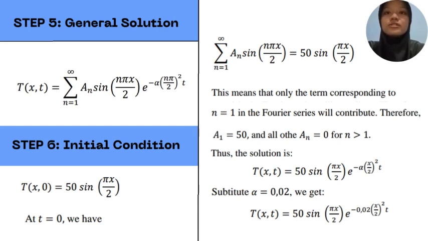Thus, the solution is T(x,t) is equal to 5 sine of pi x over 2 times exponential of minus alpha (pi over 2) squared t. And then substituting alpha equal to 0.02, we get T(x,t) equal to 5 sine of pi x over 2 times exponential of minus 0.02 (pi over 2) squared t.